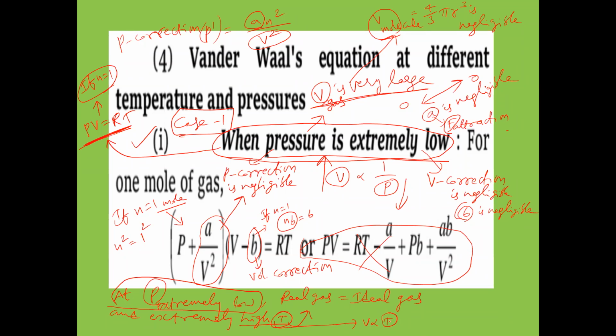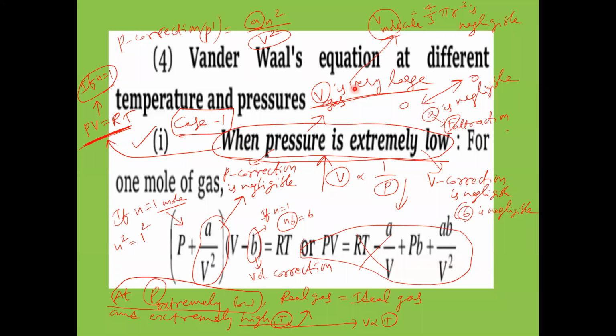When volume becomes very large, the gas molecules will be away from each other, and the attractive force between gas molecules will be very less. So the magnitude of attractive force a is negligible. That's why the pressure correction can be neglected.